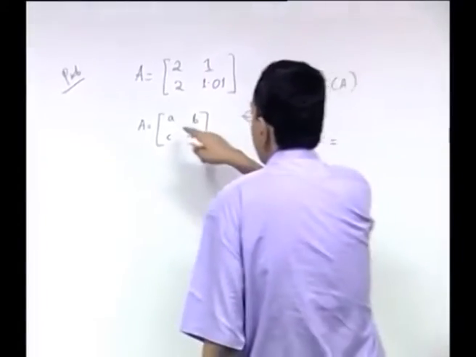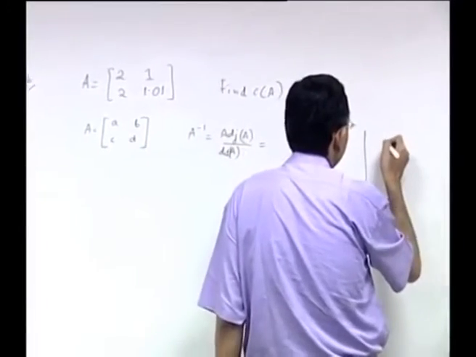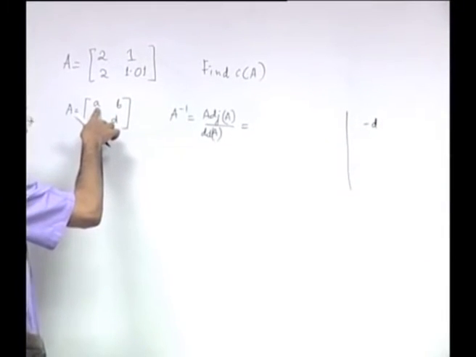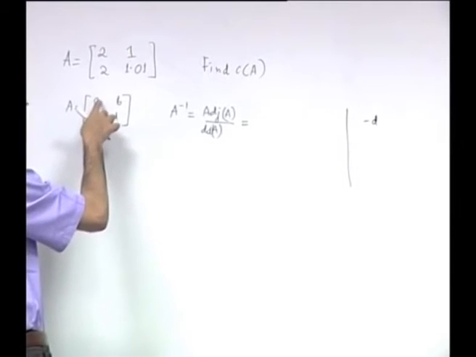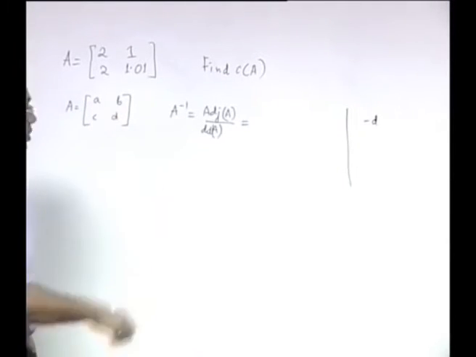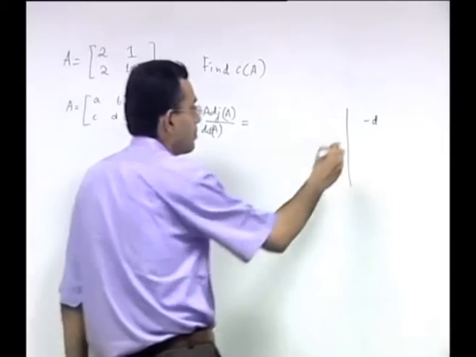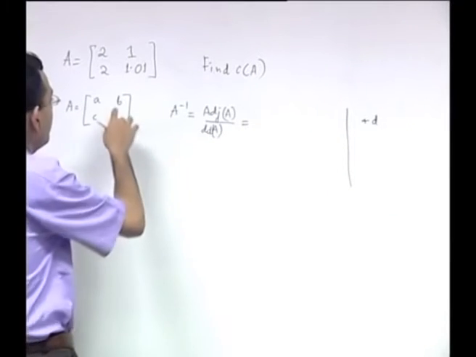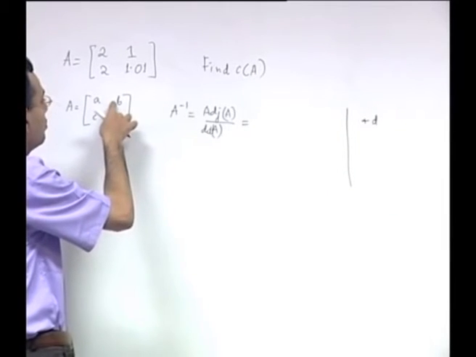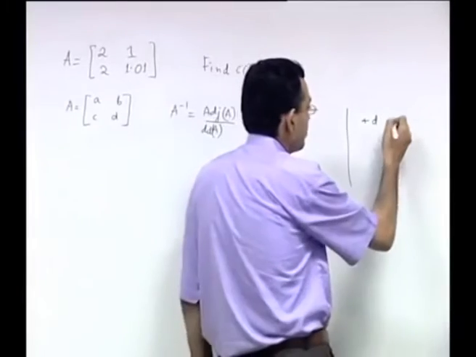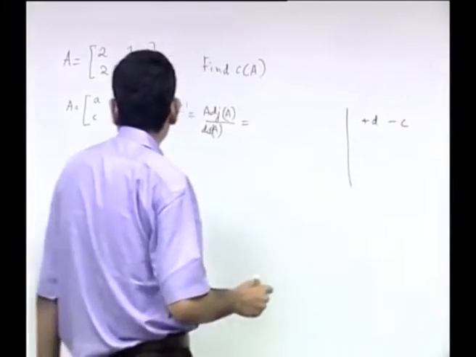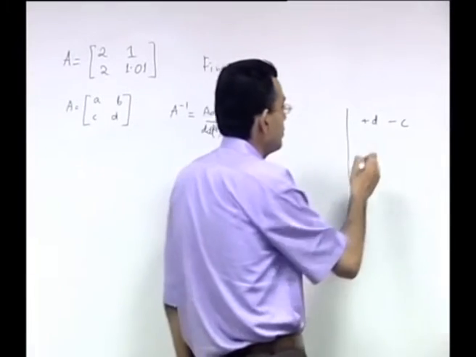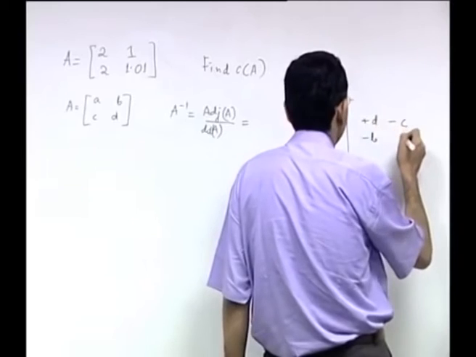For the first term the cofactor is minus 1 to the power i plus j, so minus 1 to the power 1 plus 1, so only d. Then for the next one, minus c, then the third one, minus b, and the fourth one, a.